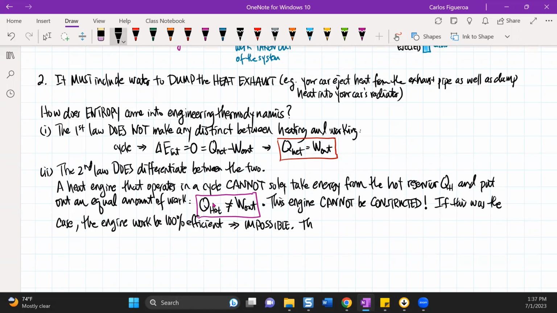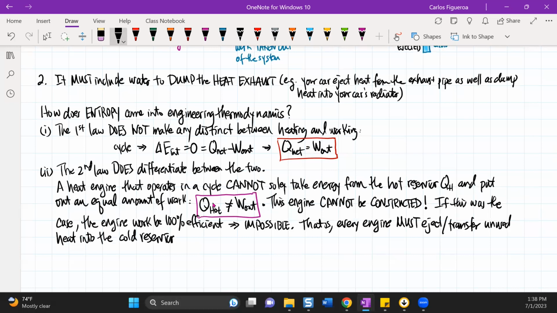That is, every engine must eject or transfer unused heat into the cold reservoir to be cyclic. And as soon as we go through the details, you'll see what I mean.